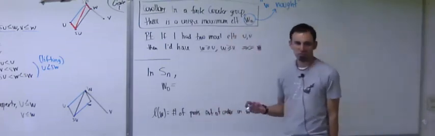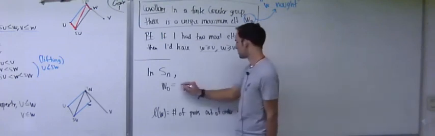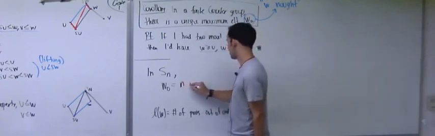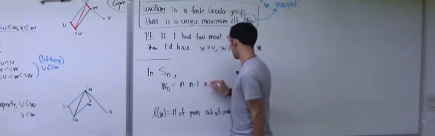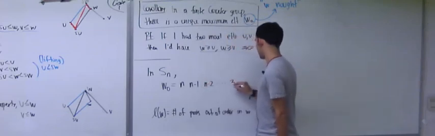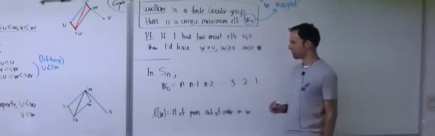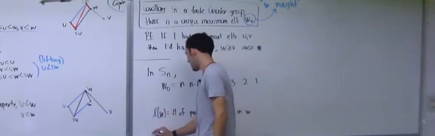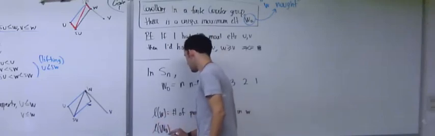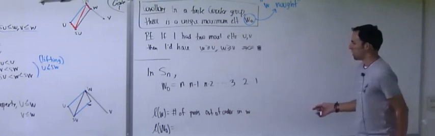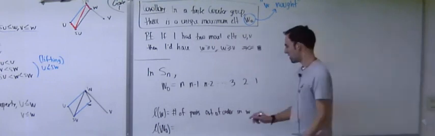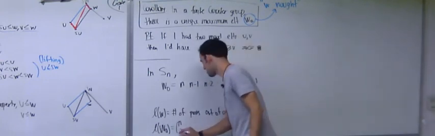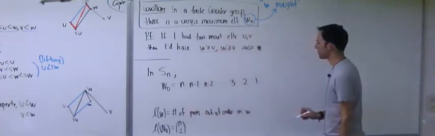So it would be the permutation where everything is out of order. Every pair is out of order. What's the length? Well, basically it's the number of pairs, right? n choose 2.